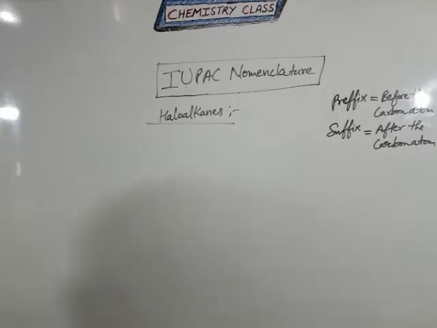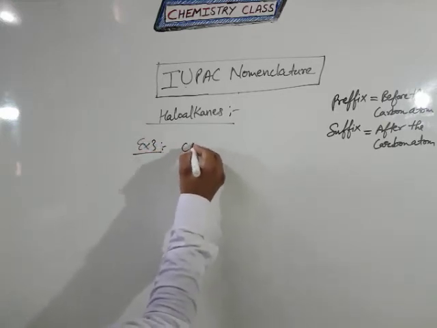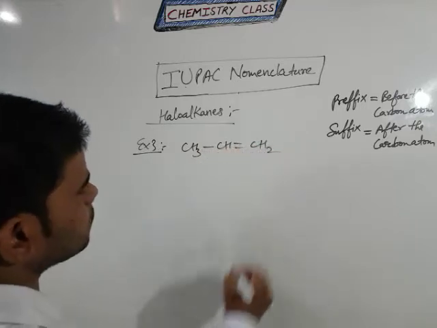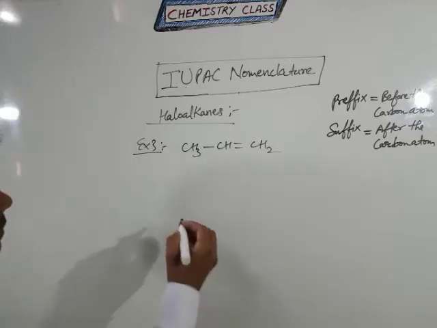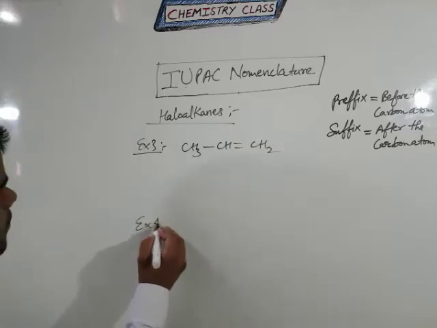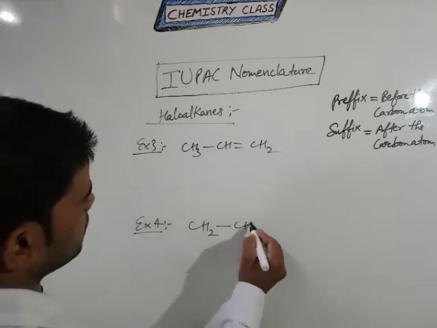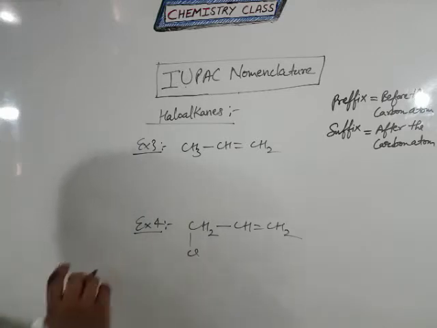Now come to the next example, example third, CH3 single bond CH and double bond CH2. Clear? So what is the name for this compound? And if we talk about the example CH2, CH double bond CH2 with Cl attached to this carbon atom.